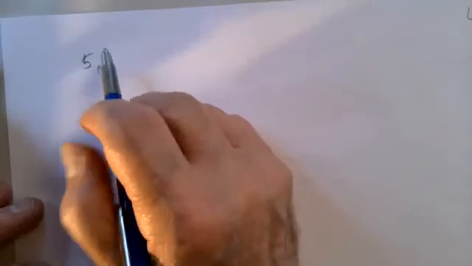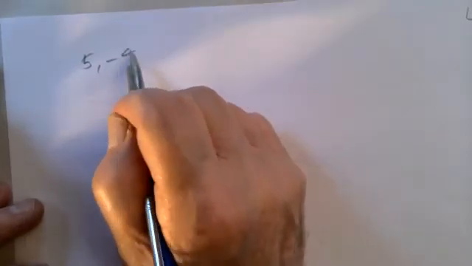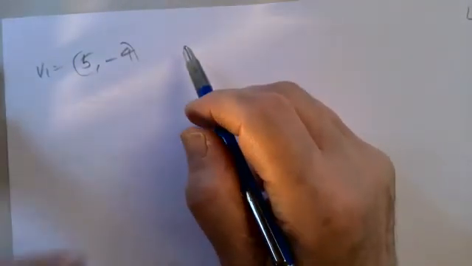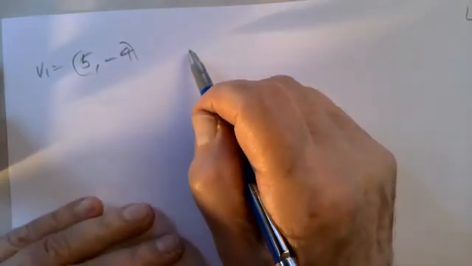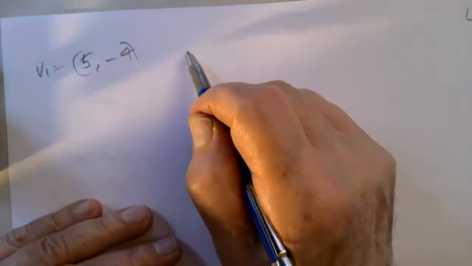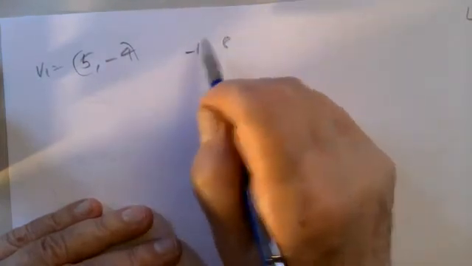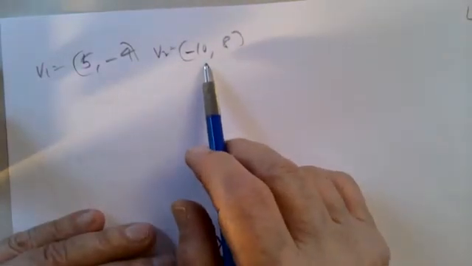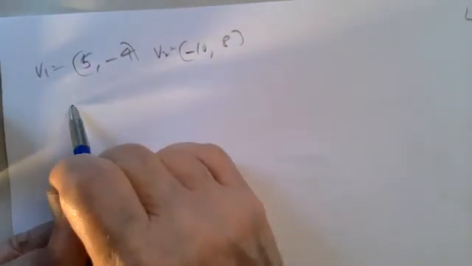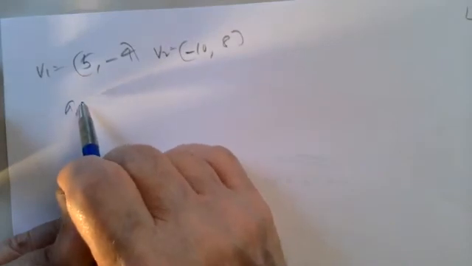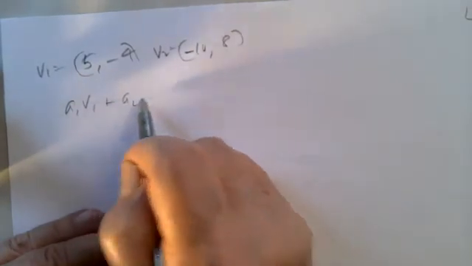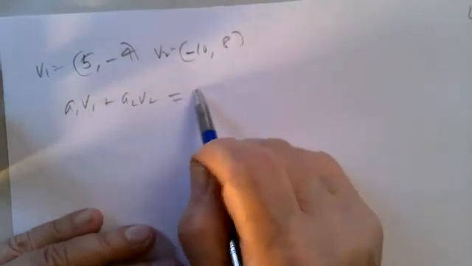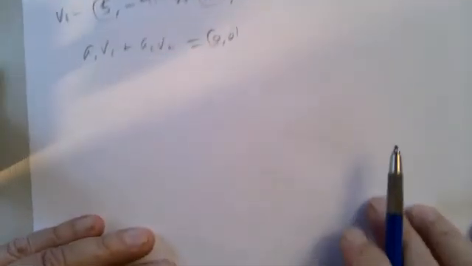Suppose I take the vectors (5, -4) and (-10, 8). Are these linearly independent or not? So again, I look at, suppose a1 v1 plus a2 v2 is the zero vector.